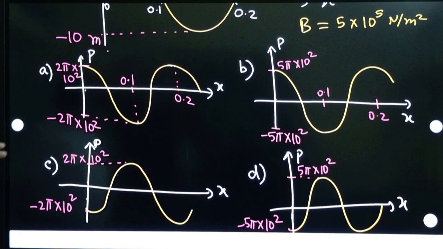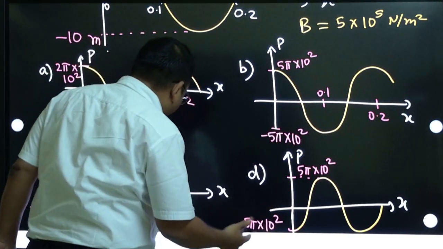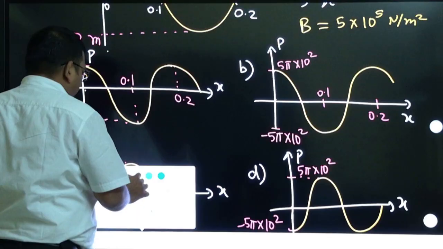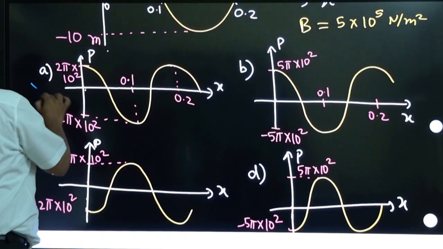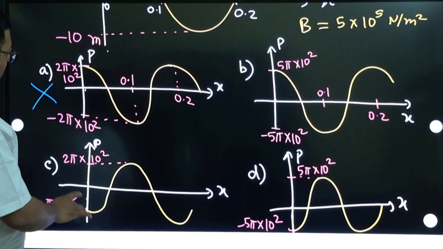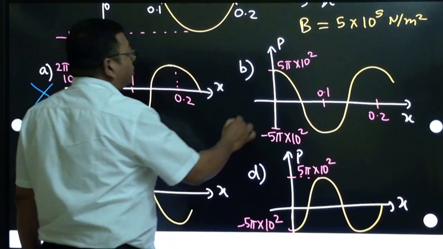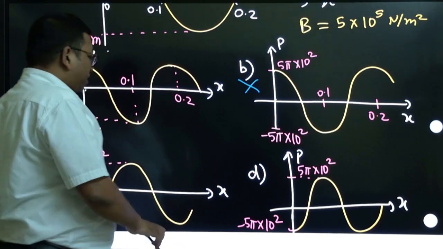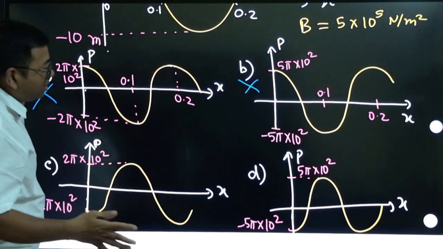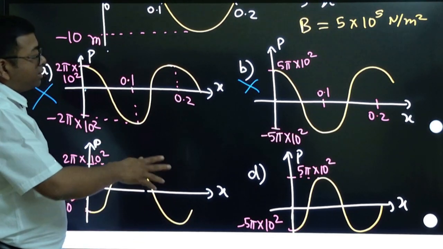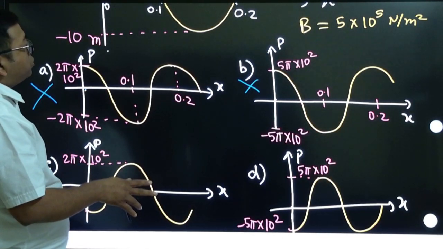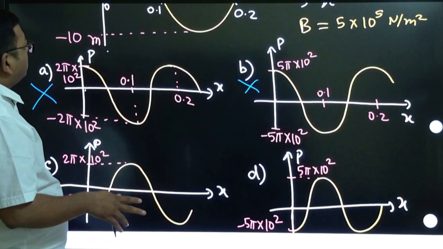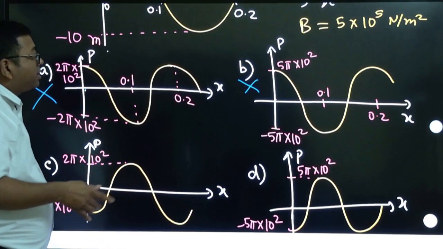Remember, we have to choose the minus cos graph, so you can easily eliminate the wrong option, right? So this is a cos graph, eliminate that. We have to keep the minus cos graph. So eliminate this cos graph. These are minus cos graphs. The only thing now is you have to choose the values of the amplitude. So how are the pressure amplitude and displacement amplitude related?